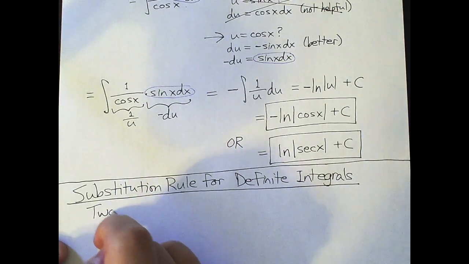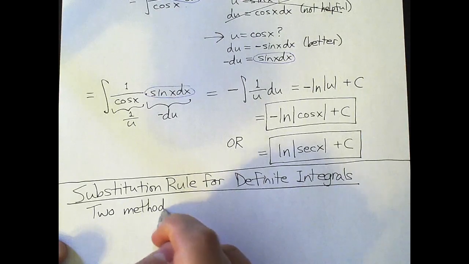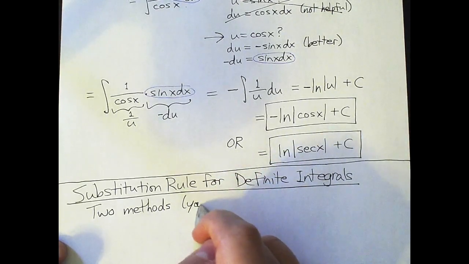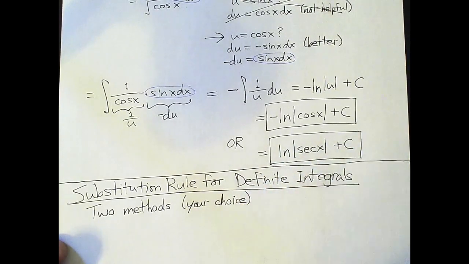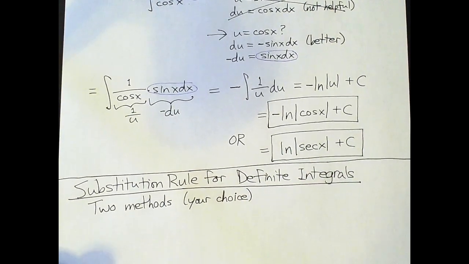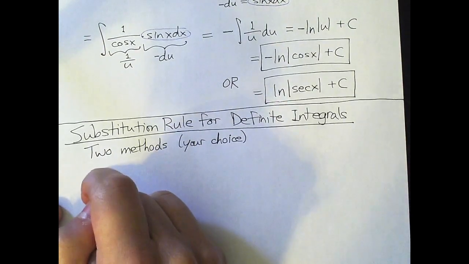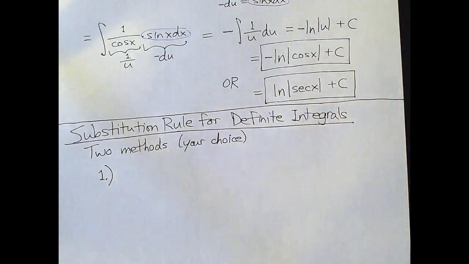I'm hesitant to actually call these two different methods because they're really equivalent to each other. I'm going to say it's going to be your choice. Maybe these are just two different approaches of how you're going to write it. They're going to be the same amount of work either way. So earlier we stated the official rule, like the official substitution rule, had a formula.